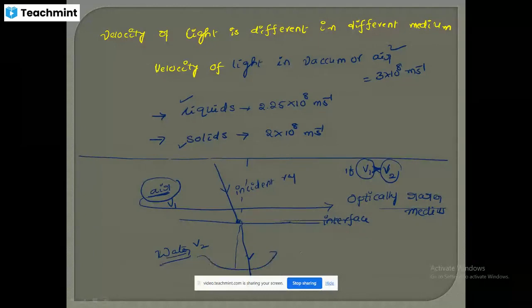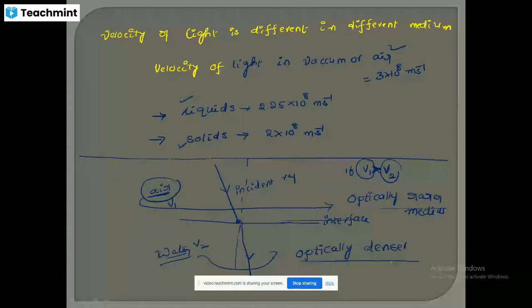Water is an optically denser medium. Optically denser medium means the velocity of light is very less. This terminology is very important here.